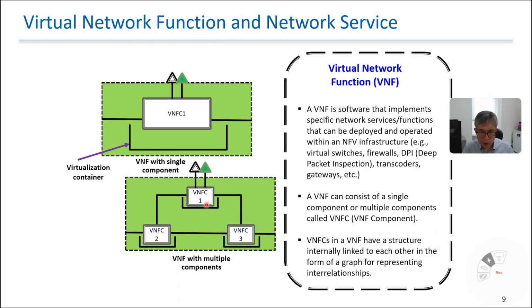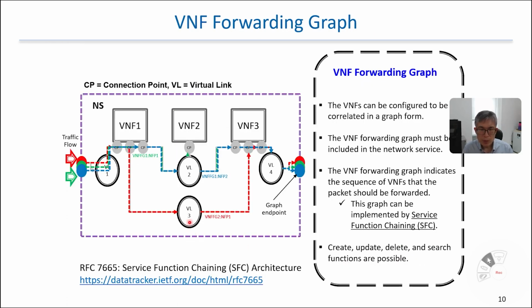VNF C1, 2, 3 can construct one VNF. And then the VNFCs are interconnected using internal links, linked to each other in the form of a graph using service function chaining. This shows a specific construction of a network service.